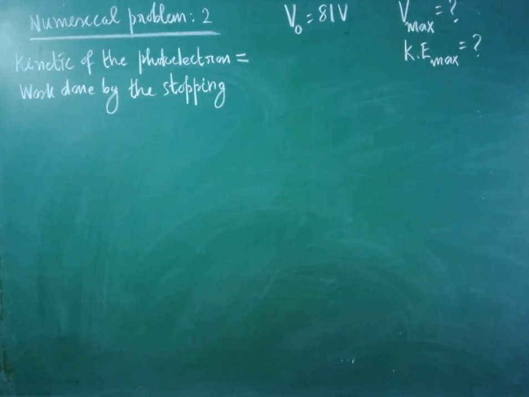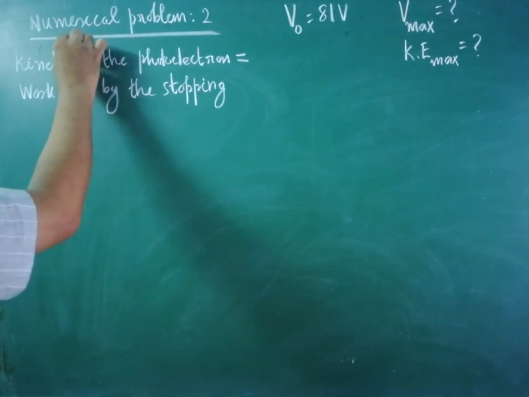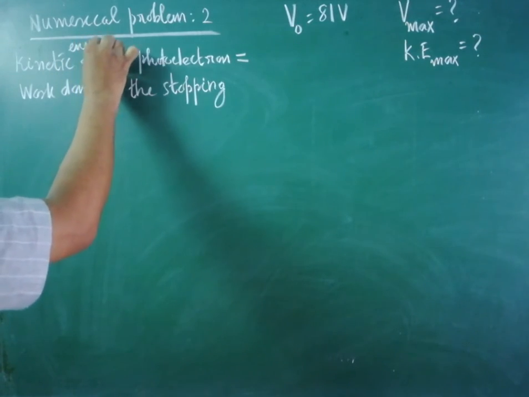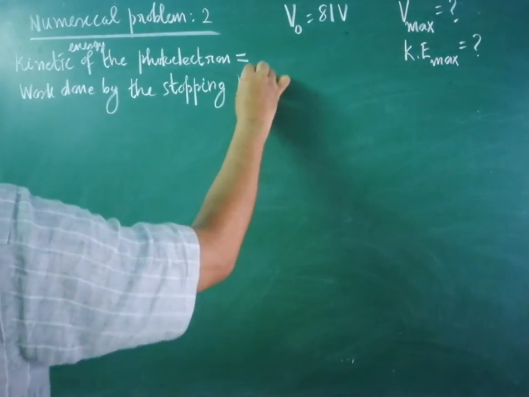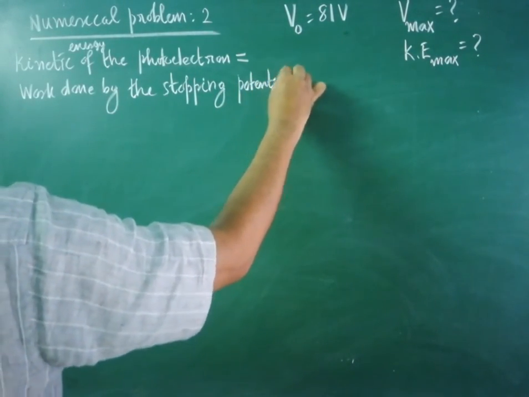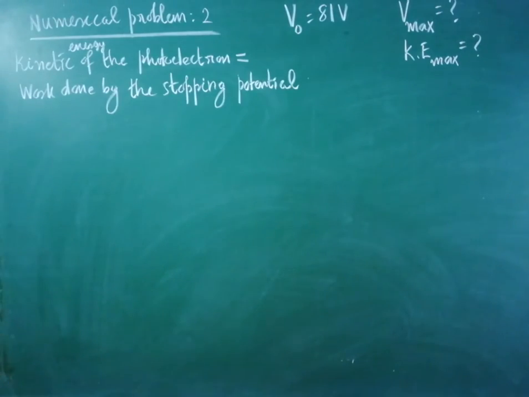The photoelectrons are stopped. So the kinetic energy of the photoelectrons should be equal to the work done by the stopping potential. So this is a key term. With the help of this theory knowledge alone, we are able to solve the problem.